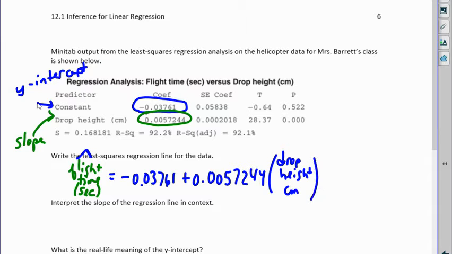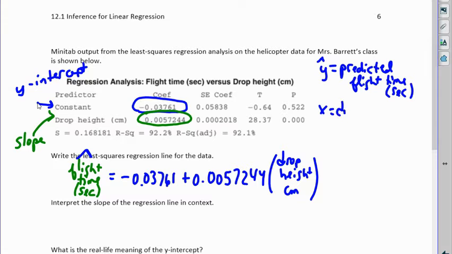Now you might prefer to write this using y and x. So if you like that, y is the predicted flight time, again in seconds. X is the drop height that was actually done, and that is in centimeters.